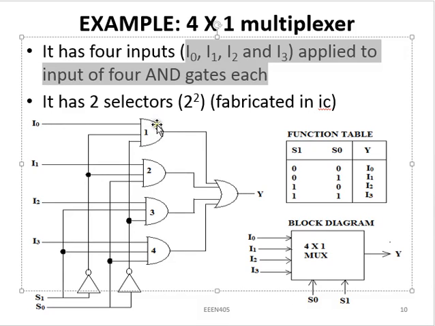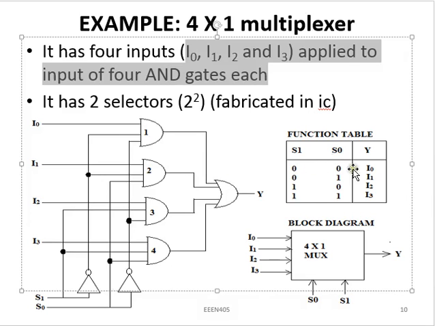That is I0 goes to gate 1, I1 to gate 2, I2 to gate 3, and I3 goes to gate 4. As we have seen, 2 raised to power 2 is 4. That power of 2 is our number of selectors, and we have S0 and S1 as our selectors. For these selectors, we take their real values and we take their inverted values when we pass them through an inverter.